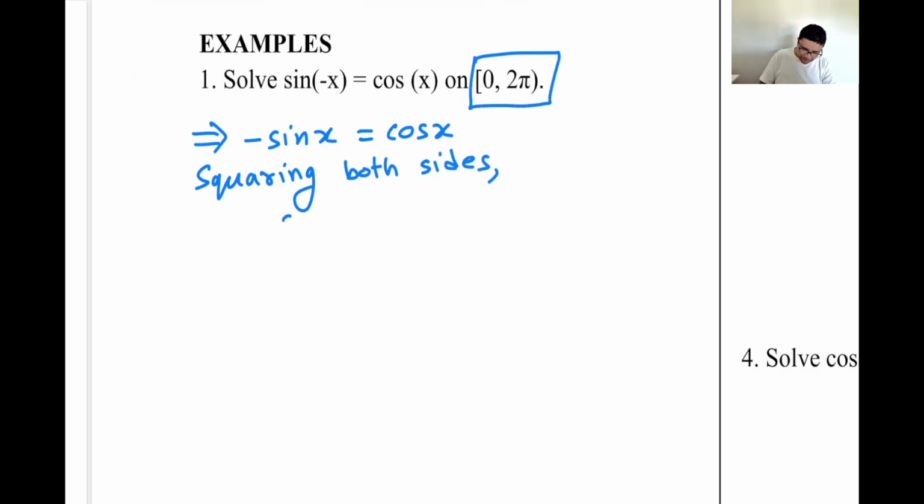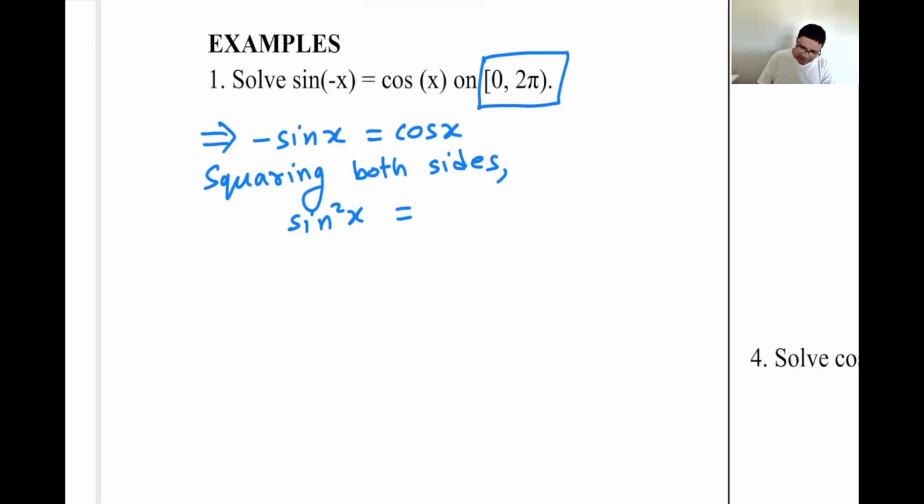You get sine square x. Now when you square, you lose the distinction of plus and minus, right? So you get sine square x equals cos square x. But cos square x can be written as 1 minus sine square x.